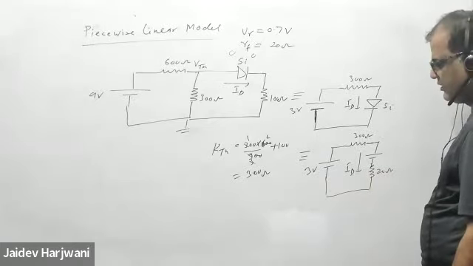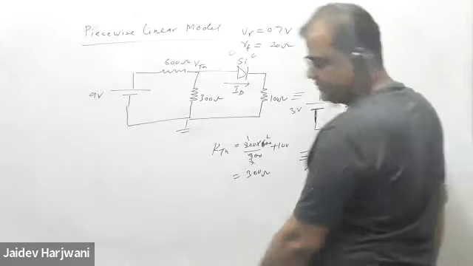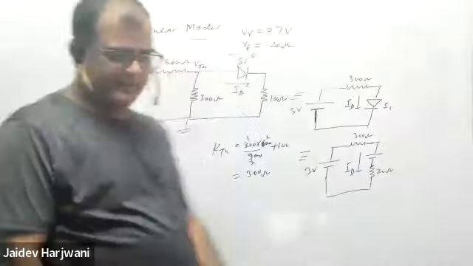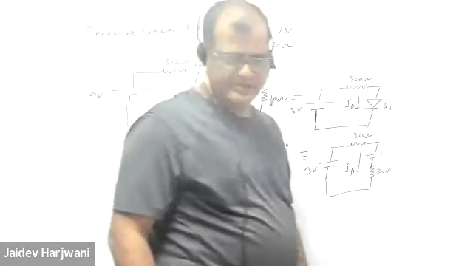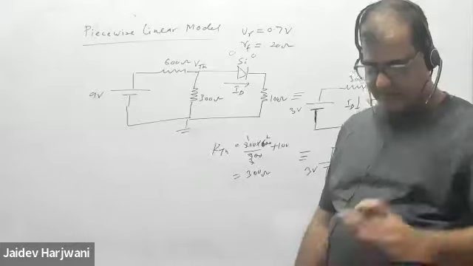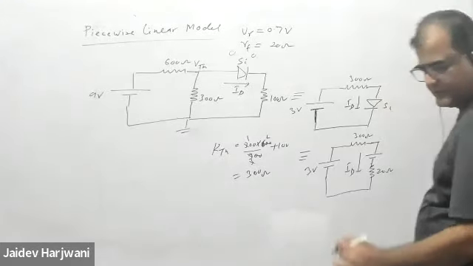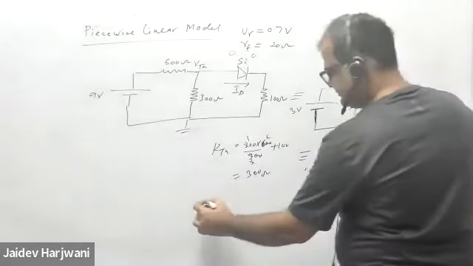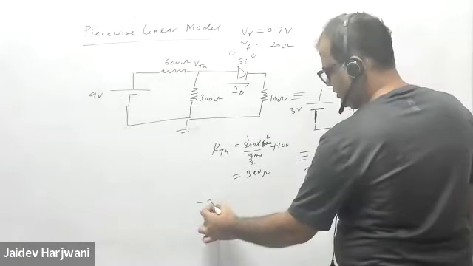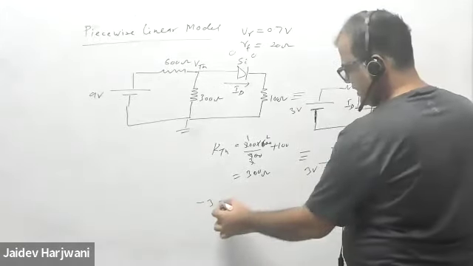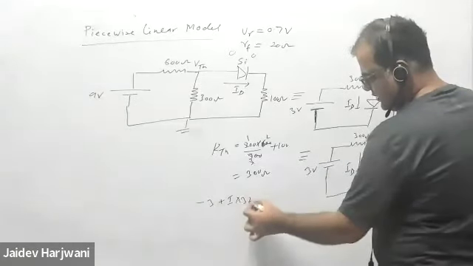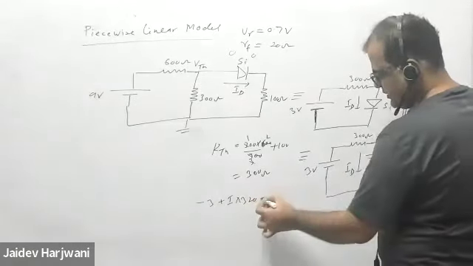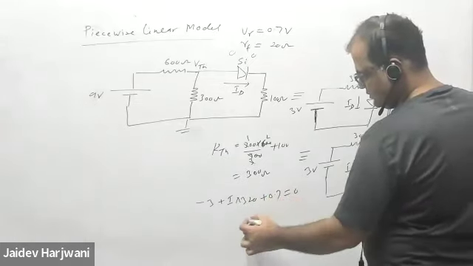Now you can find what is ID in the circuit. You have to write the equation. Minus 3 volt plus I into 300 plus 20, 320, plus 0.7 equals 0.